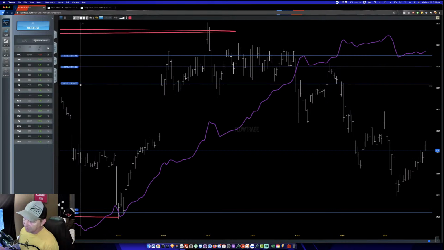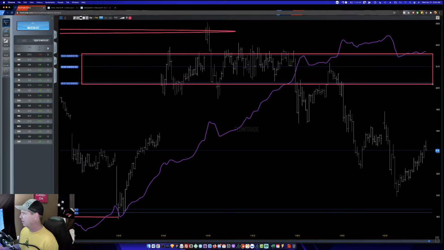There's a really old March 31st block trade. I'm going to use these block trades as a magnet and also as support for the algo. You can see the algo has been using those block trades as support. What I'd like to see is price action continue in this upward direction.